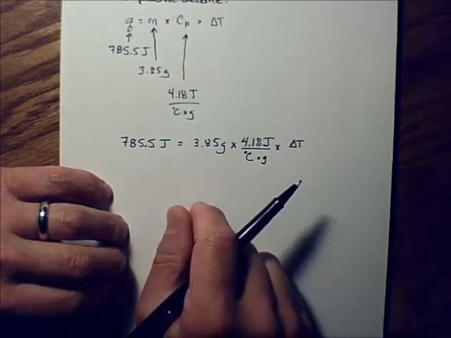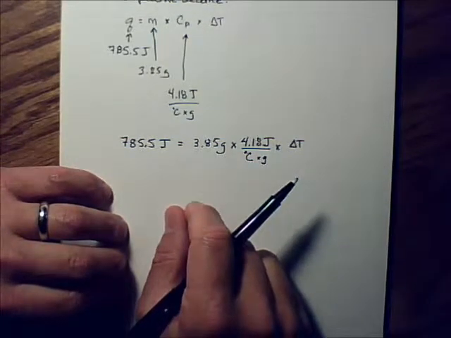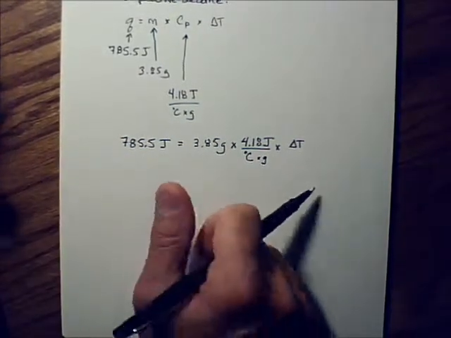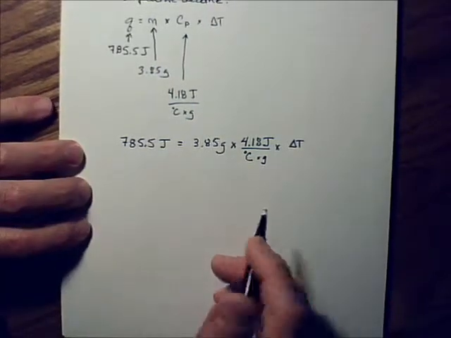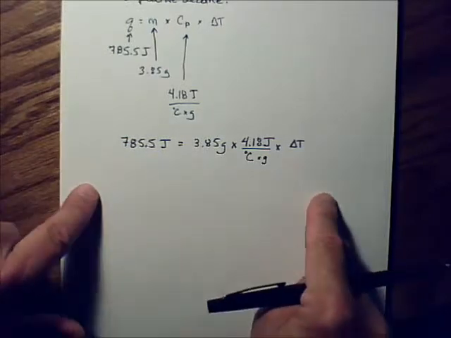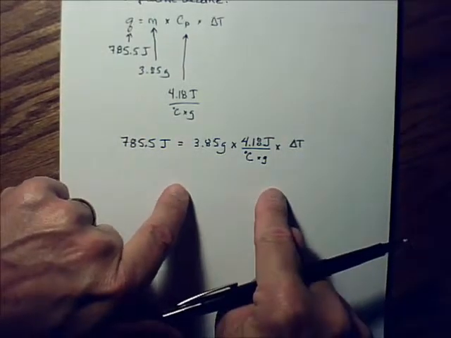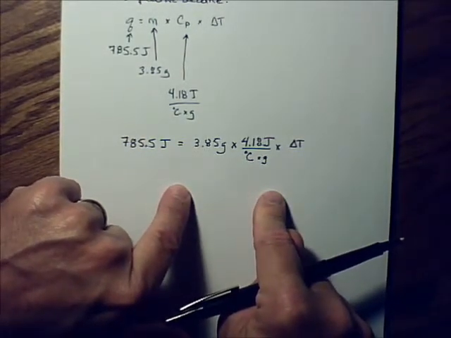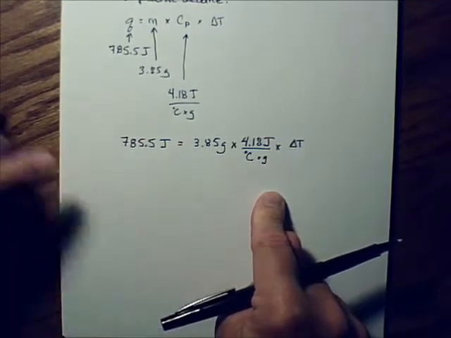Okay. All right. Well, here's how I would like to teach it for you. I'd like you to get in the habit of doing it this way because it's going to come back again when we get to gas laws. I'm going to shrink this down just a little bit so I got more room on the outside. I'm going to put this equation kind of in the middle of the paper so I have some room on the outside.